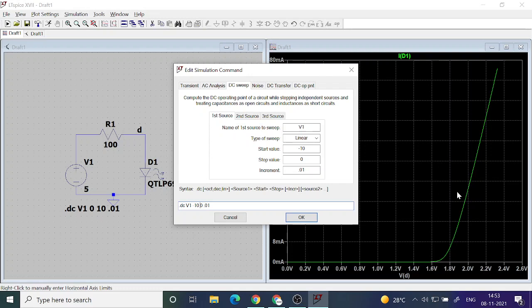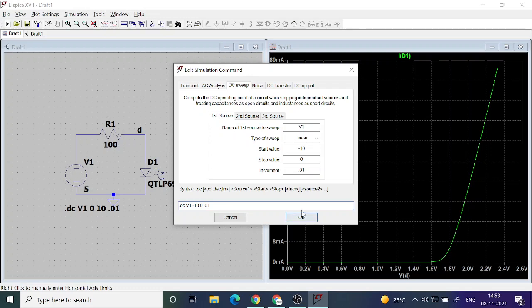So the voltage you apply across the diode should be above the cut-in voltage in order to see appreciable light coming out. So it is not so important to plot its reverse bias characteristics, but still we can just look at it.